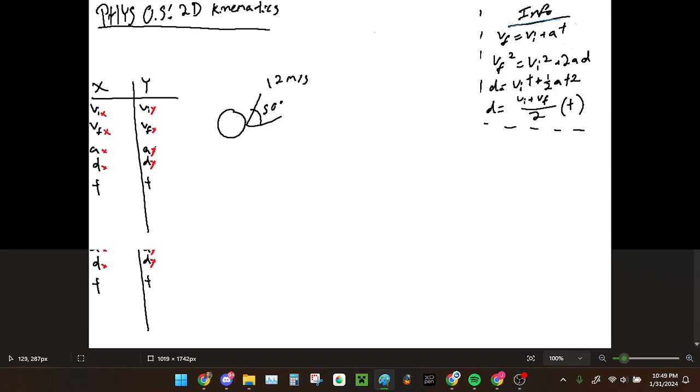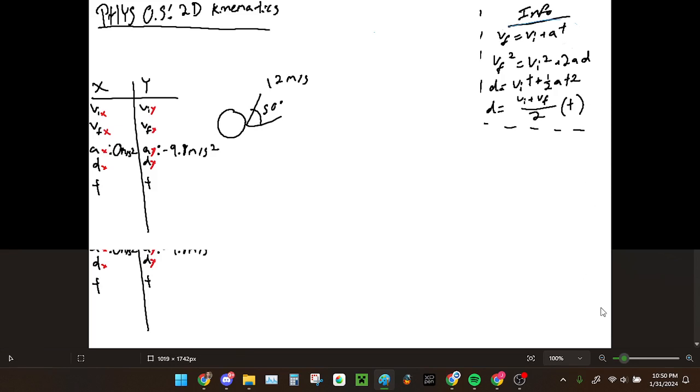For our y value, our acceleration will always be negative 9.8 meters per second squared unless told otherwise. This is the acceleration due to gravity on Earth. For our x, in 2D kinematics, it will always be 0 meters per second squared.